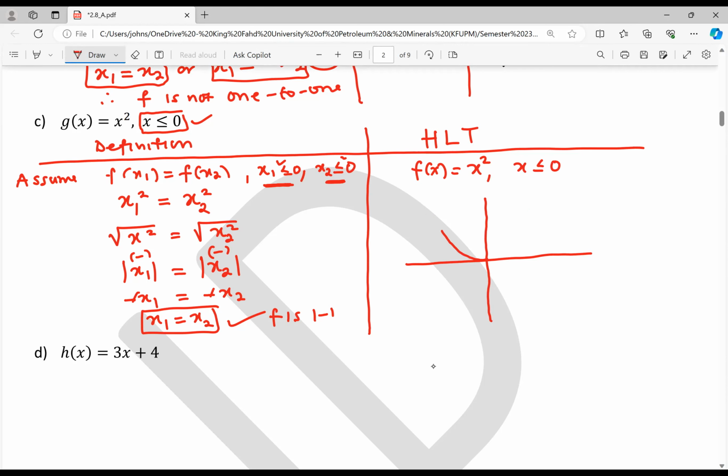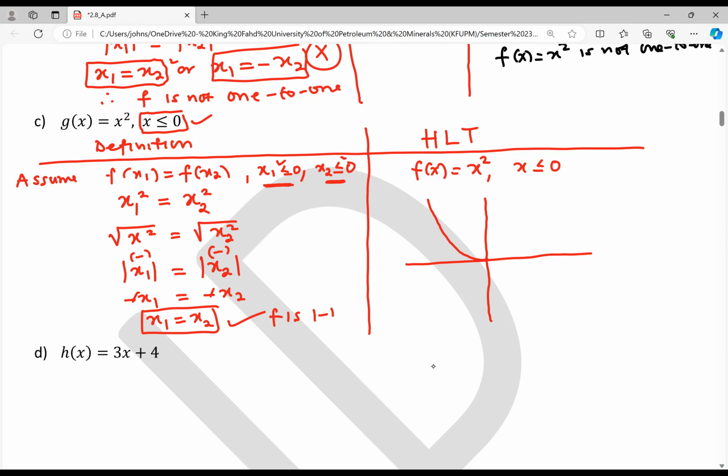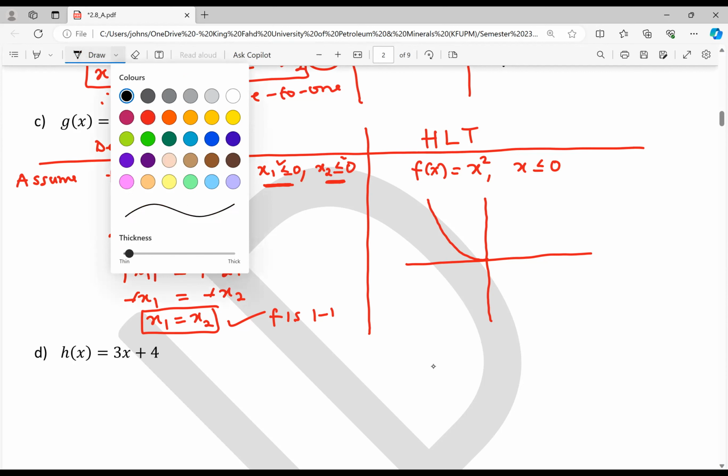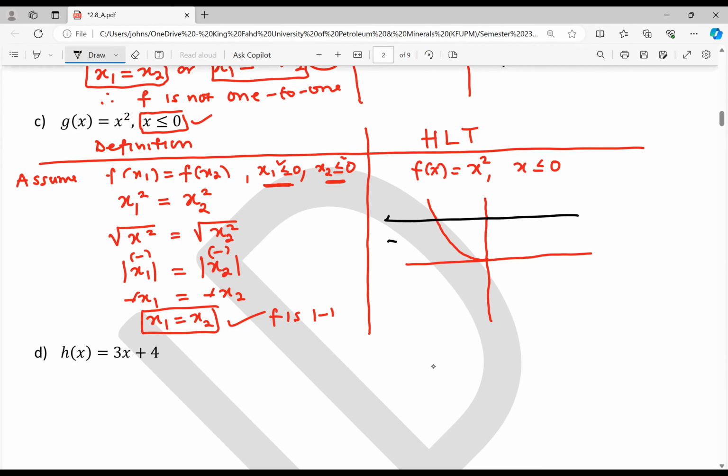We go with this one only, because this is x less than or equal to 0. And clearly, you will see that this satisfies the horizontal line test, because every horizontal line you draw will only cut once. So here we can say f is 1 to 1.